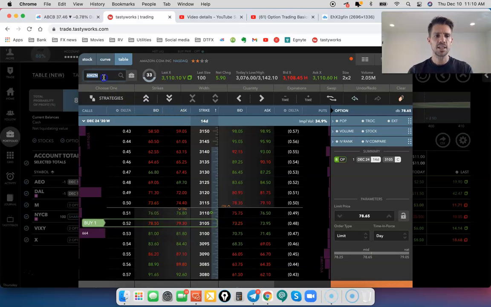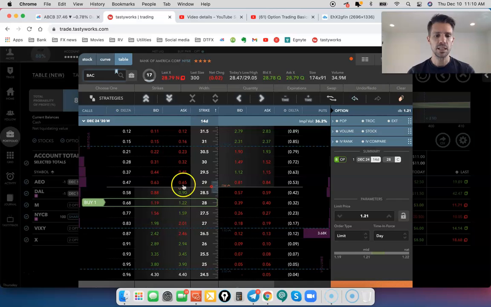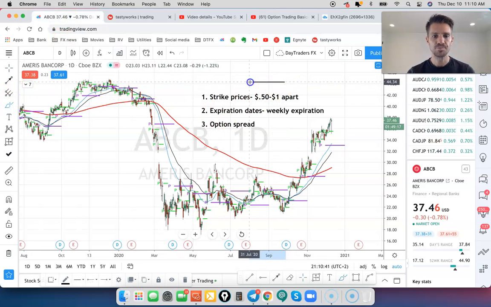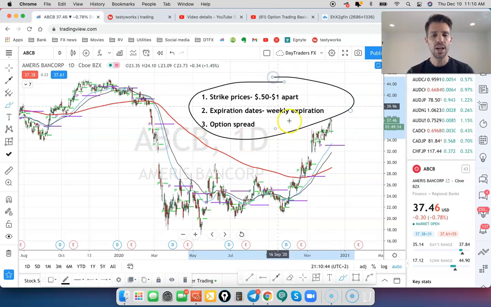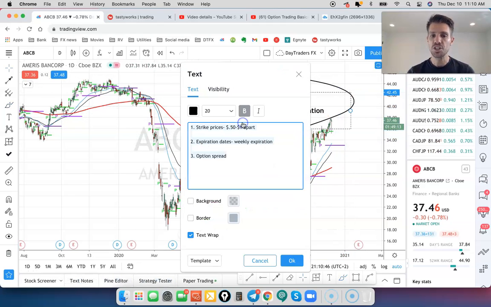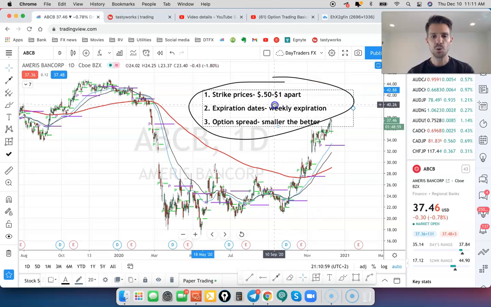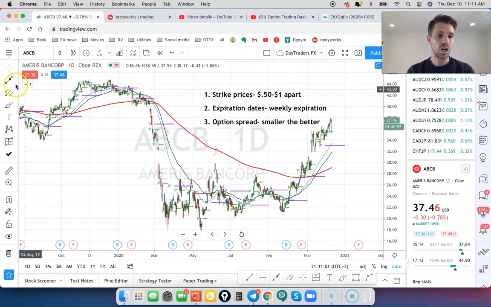But on these stocks that are trading for much less money, like Bank of America here, we want to see very small spreads. So these are going to be some of the things that we need to watch for when we're determining which stocks we want to trade and which options we want to trade on those stocks. Smaller is much better on these spreads for just a regular option trade.